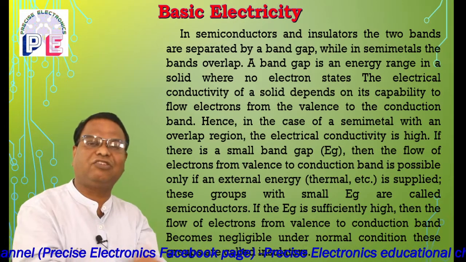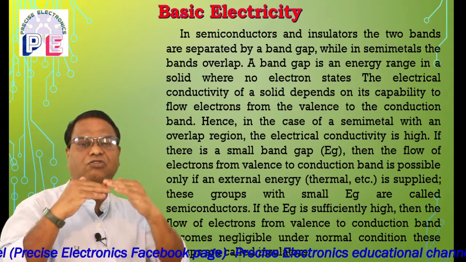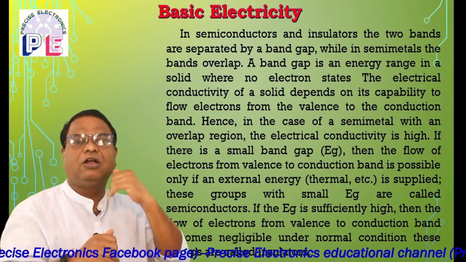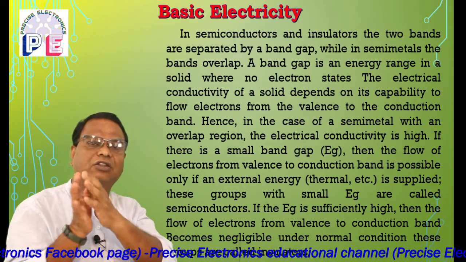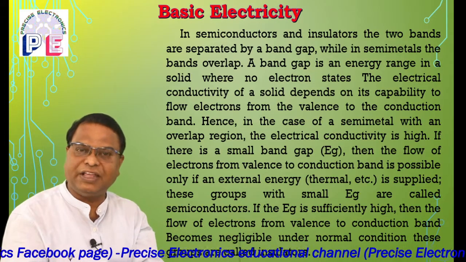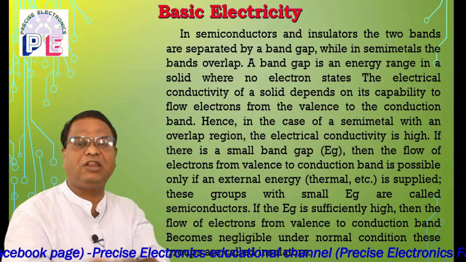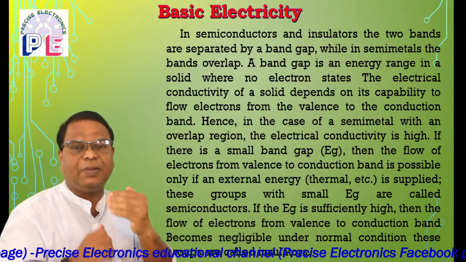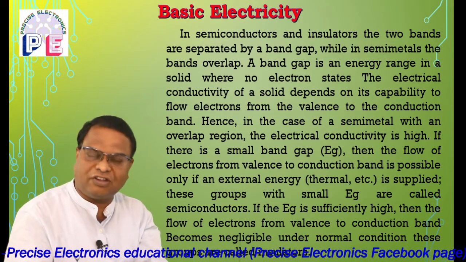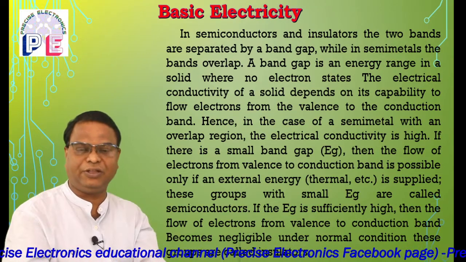So when we apply external energy, the electrons from the valence band cross the band gap and reach the conduction band, and current conduction takes place. But in case of an insulator, the band gap is very large, so electrons are not able to cross that band gap and reach the conduction band. So that is band theory.